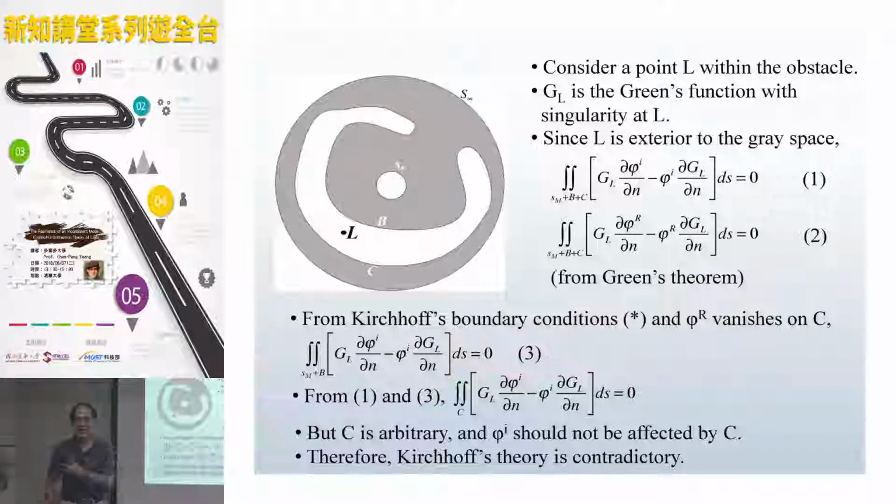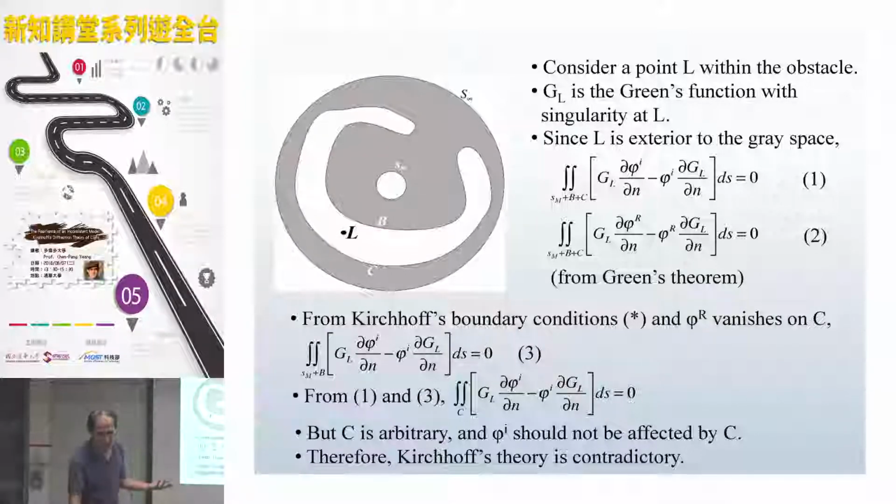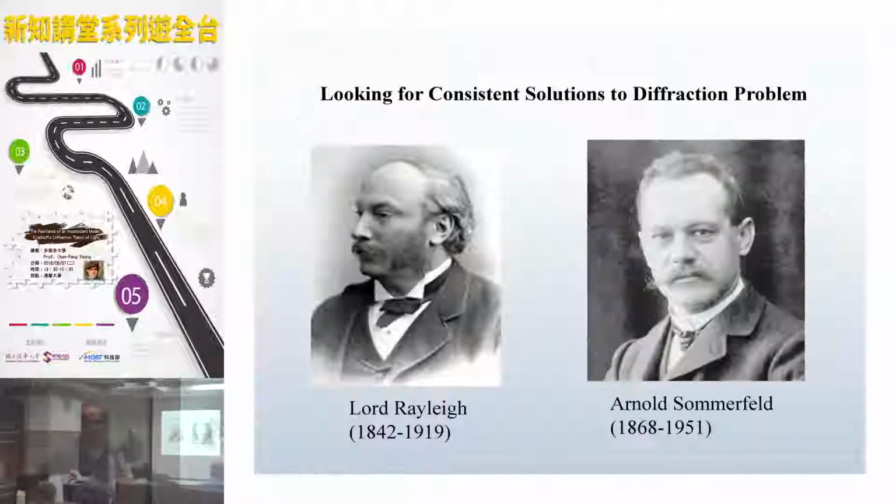You can create any arbitrary surface C that satisfies the condition, but it's not possible to say that this is satisfied in general. Therefore, you have a problem. When you argue that this holds in general, you're actually saying that you have a contradiction, and Kirchhoff theory is in contradiction. So that's Poincaré's demonstration of Kirchhoff theory's error.